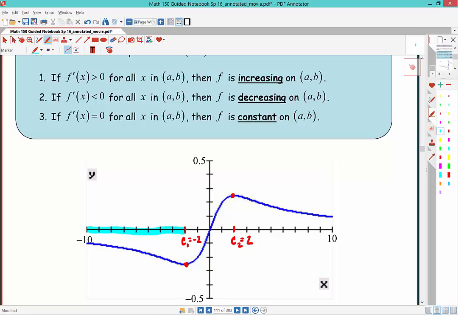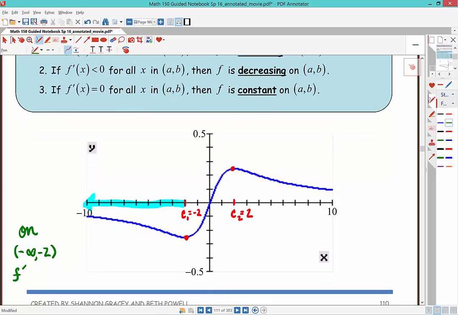So basically what we would find is that on -infinity to -2, f prime at x is less than 0.